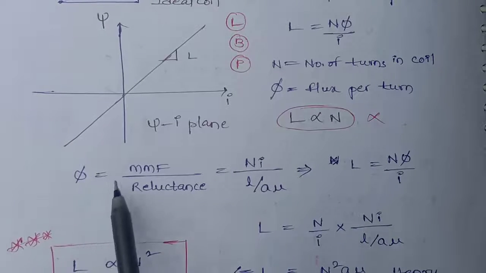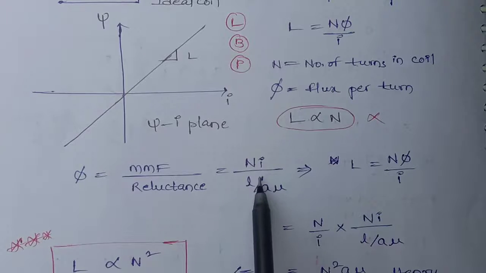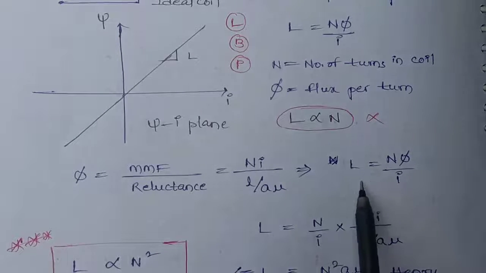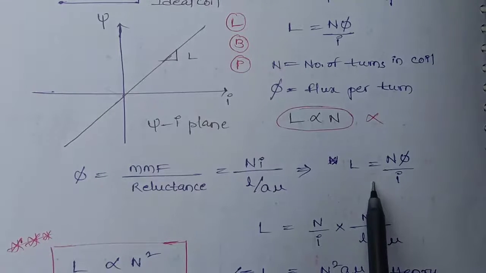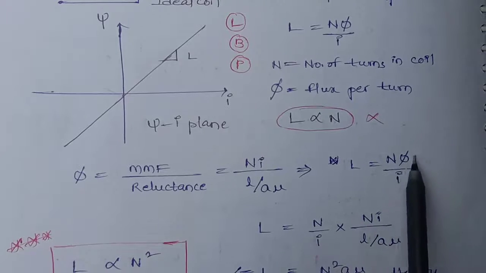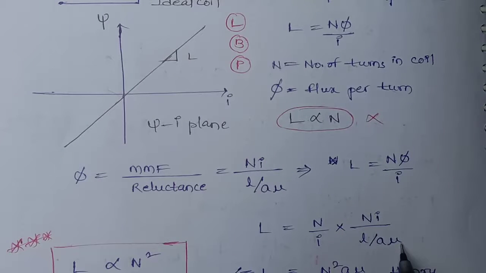Okay, phi is equal to mmf by reluctance, which can be written as N into I divided by l by A mu. If I substitute this phi value in inductance, L is equal to N by I into this phi value, which is N into I divided by l by A mu.